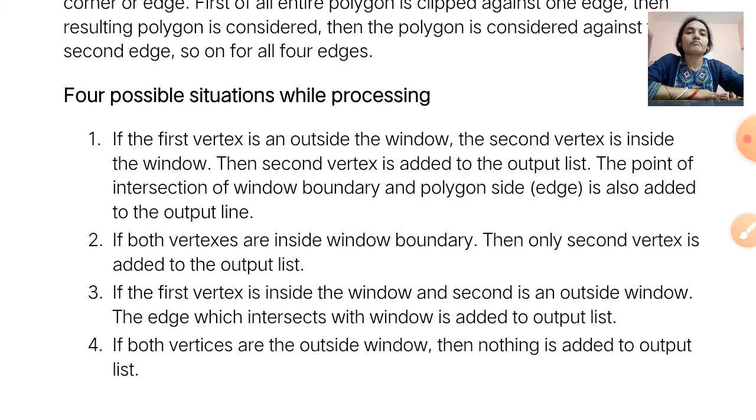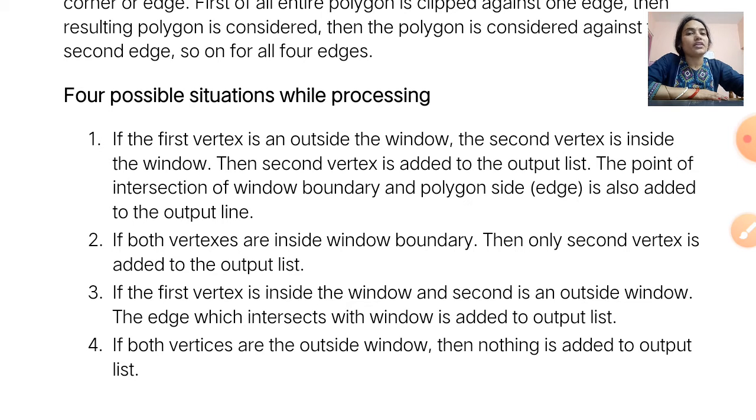If both vertices are inside the window boundary, then only the second vertex is added to the output list. Next, third one: if the first vertex is inside the window and the second is outside the window, then the edge intersection with the window is added to the output list.